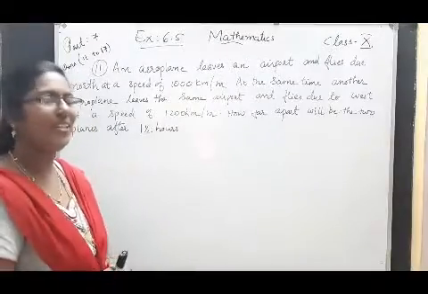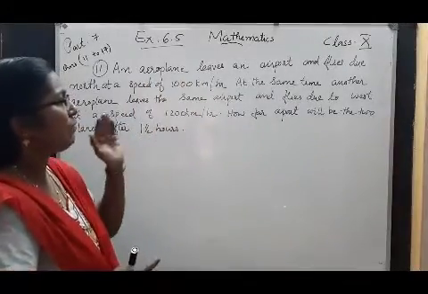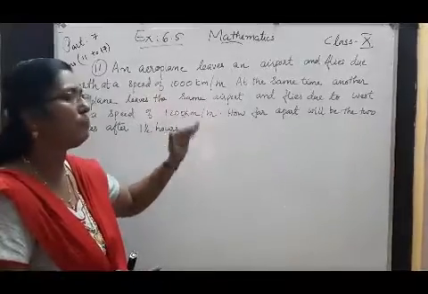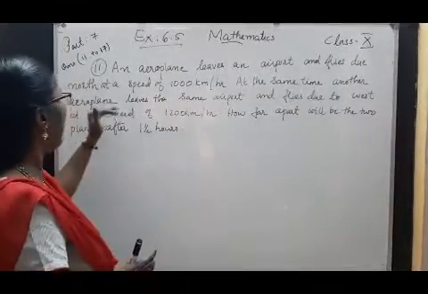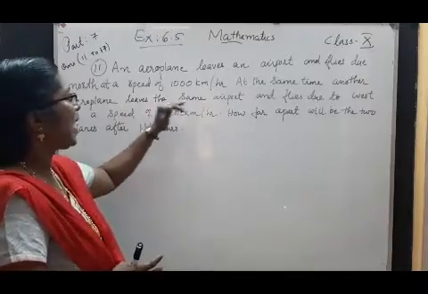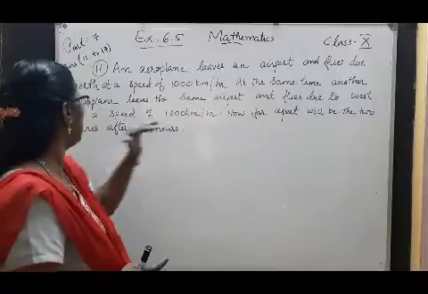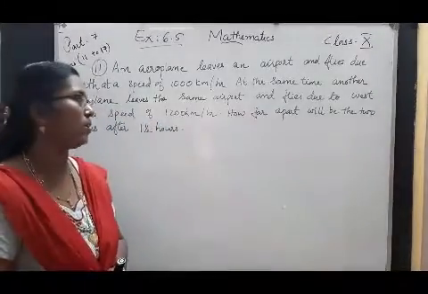I repeat the question. An aeroplane leaves an airport and flies due north at a speed of 1000 km per hour. At the same time, another aeroplane leaves the same airport and flies due west at a speed of 1200 km per hour.